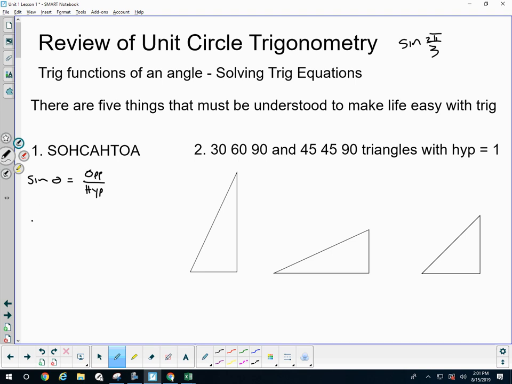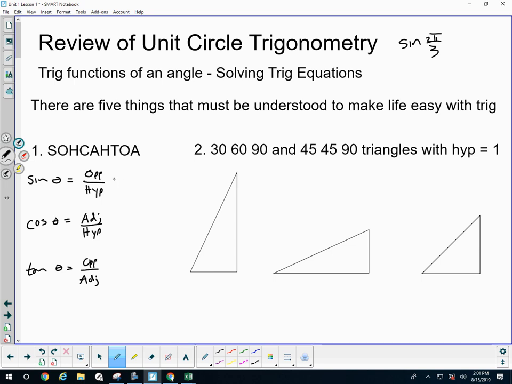The cosine of an angle in a right triangle is equal to the ratio of the adjacent side divided by the hypotenuse, so the adjacent side to the angle. TOA, tangent, is equal to the ratio of the opposite side to that angle in a right triangle divided by the adjacent side.